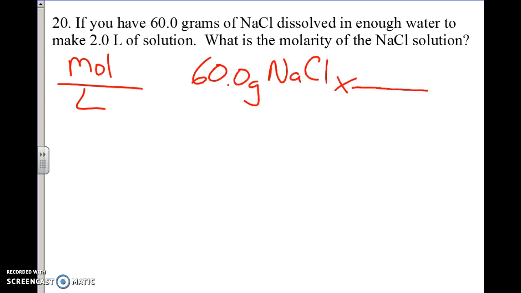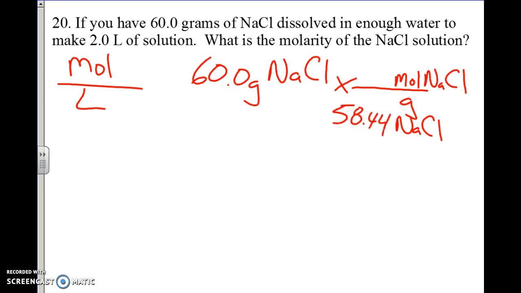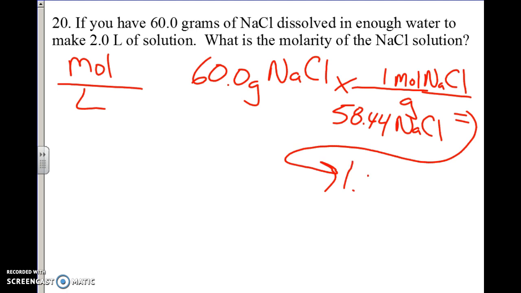Multiplication sign, division bar, grams of NaCl go down here, and then moles of NaCl go on top. There are 58.44 grams in 1 mole, and if you solve that, you end up getting an answer of 1.03 moles of NaCl.